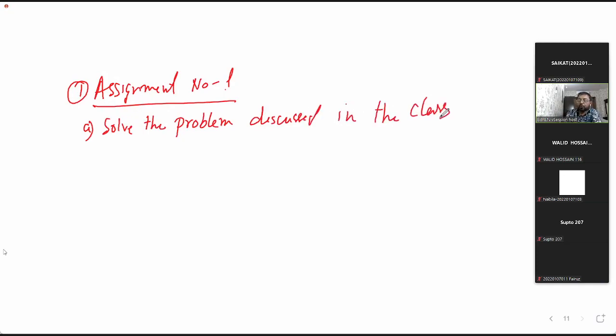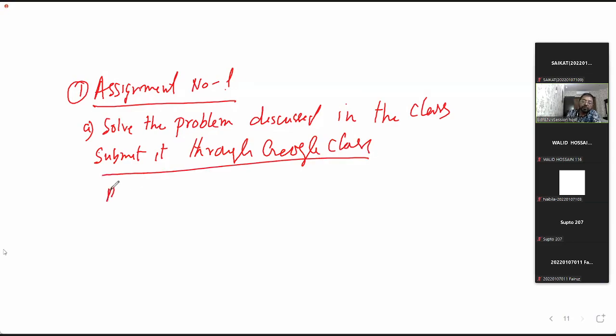That means after everything, you have to solve the problems we discussed in the classes and submit it through Google Classroom before the next class.